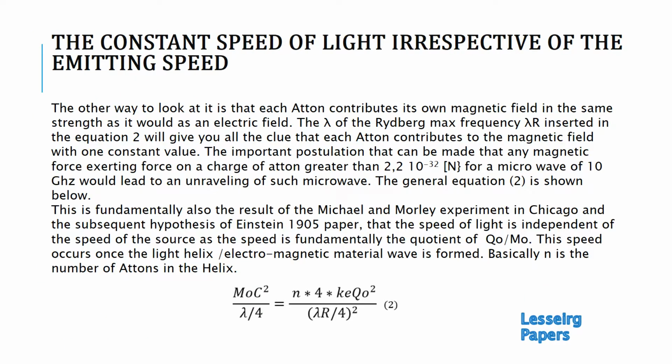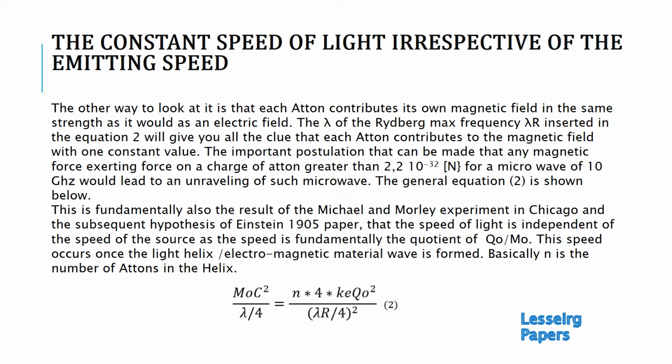There is another way to look at this, and that is that each atom contributes to its own magnetic field in the same strength as it would to an electric field. The lambda of the maximum Rydberg frequency, lambda r, inserted in equation 2 will give you the clue that each atom contributes to the magnetic field with one constant value.